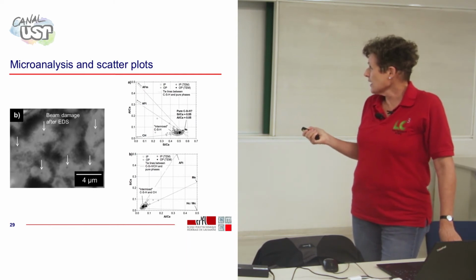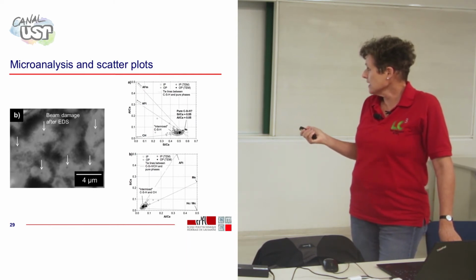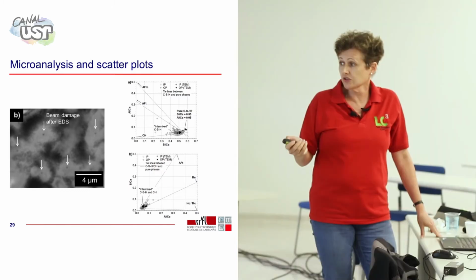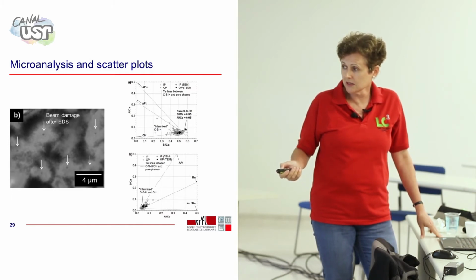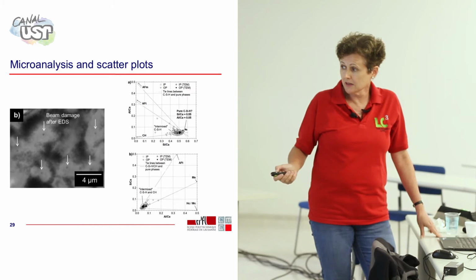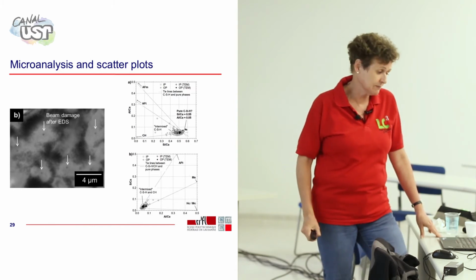It's generally quite difficult to see whether you've got mainly monosulfate or ettringite. For that reason, it's much better to look at this kind of plot where we've got the sulfur, and then we can really see that in this sample we had mainly mixtures with ettringite, which are going up this line here, but you may in some cases have mixtures with monosulfate or with mono- or hemicarbonate.